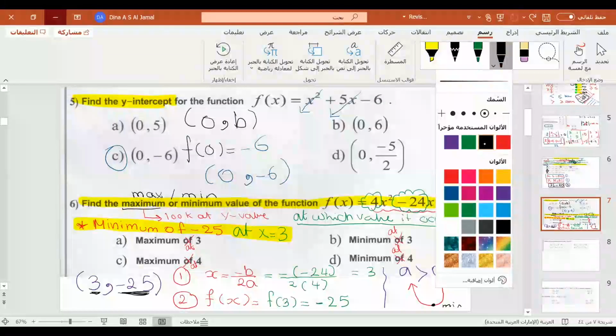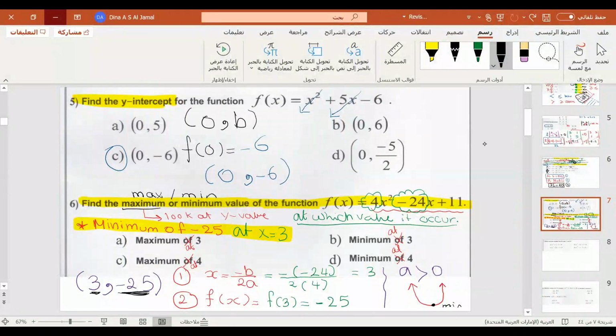So if I do so, then your answer will be B. Minimum at 3, which is at x is equal to 3. Okay, so this is to grab your attention to the wording. At means at which x, of means the y value.